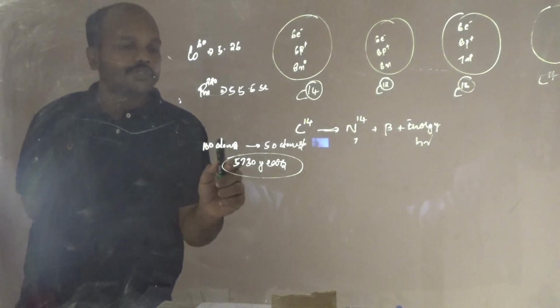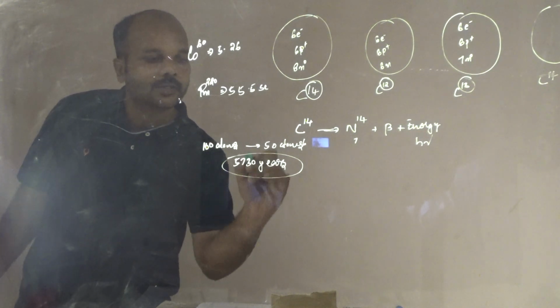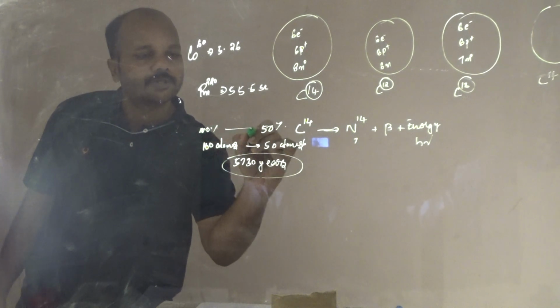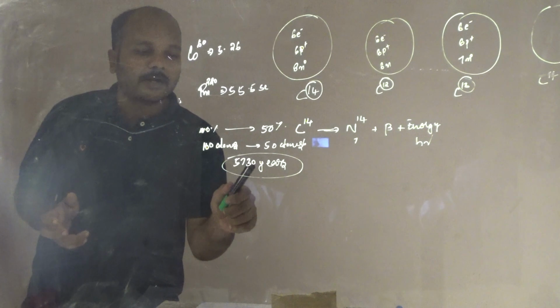In order for 100 atoms to change into 50 atoms, that is 100% to 50%, it will take 5,730 years for C14.